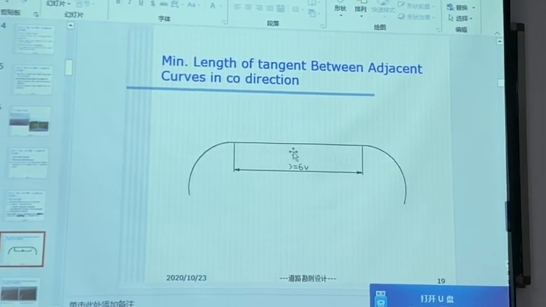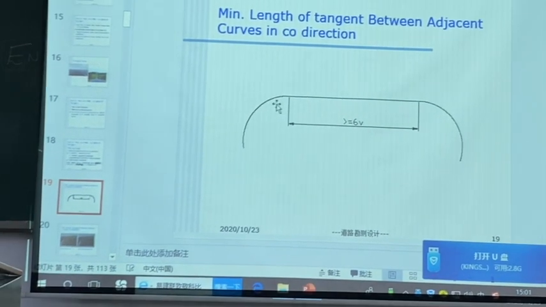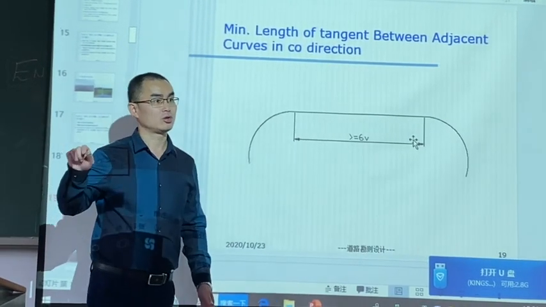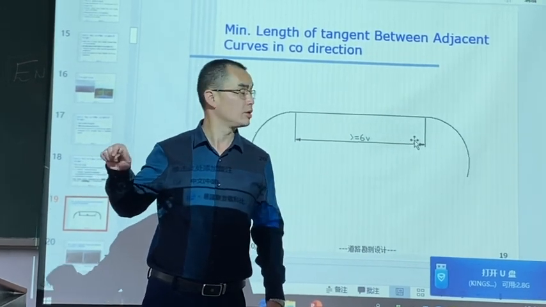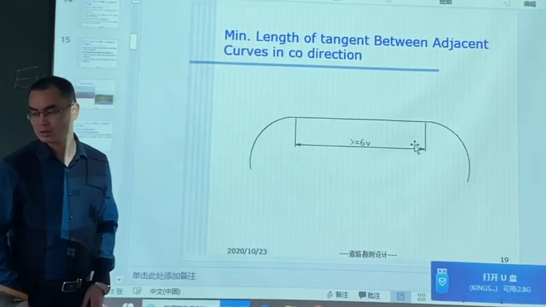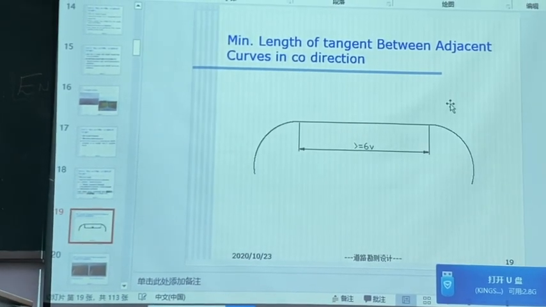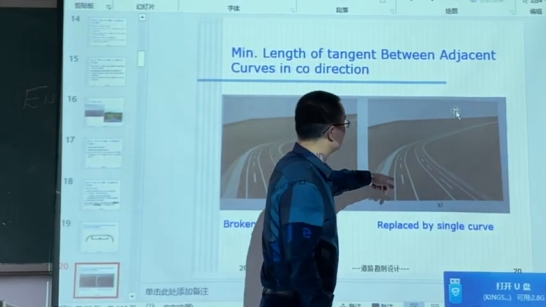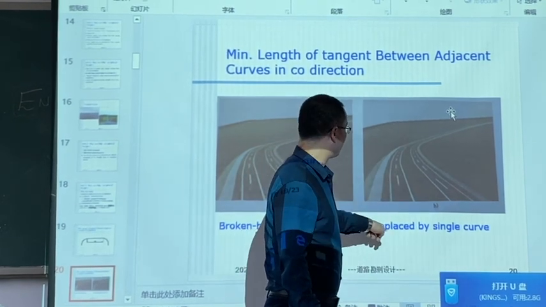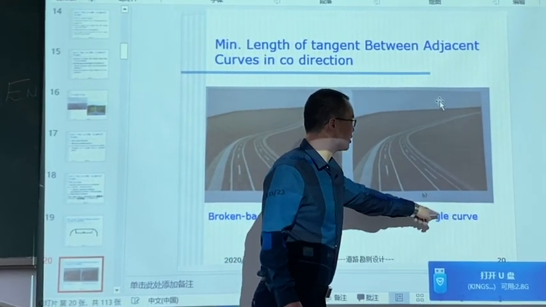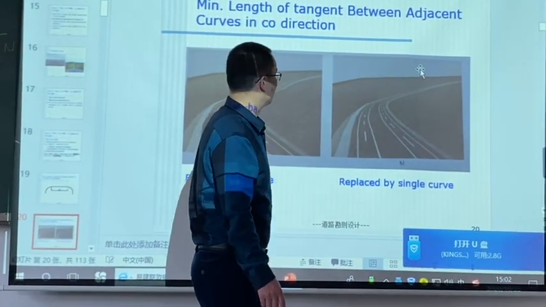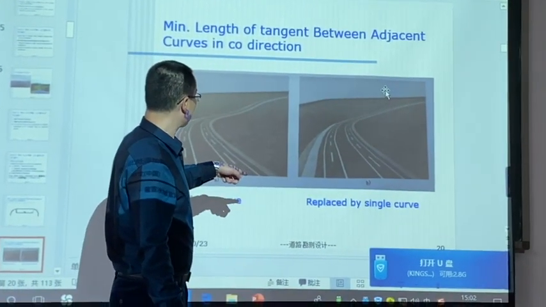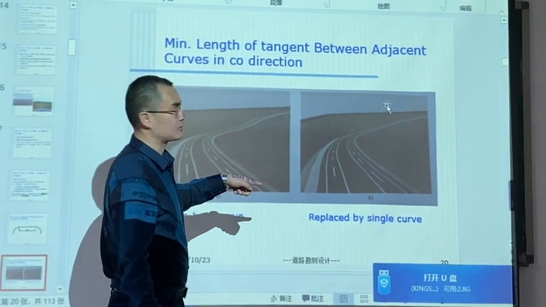When the straight line between the two curves is very short, it is a broken back curve. So after being replaced by a single curve, the curve is satisfactory.